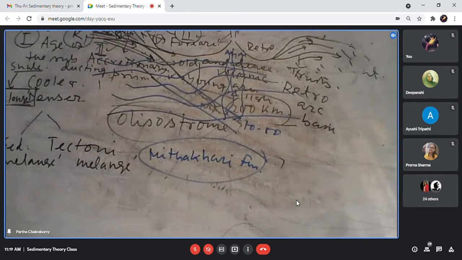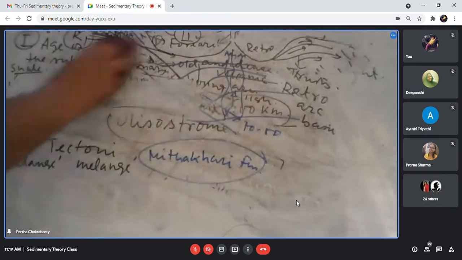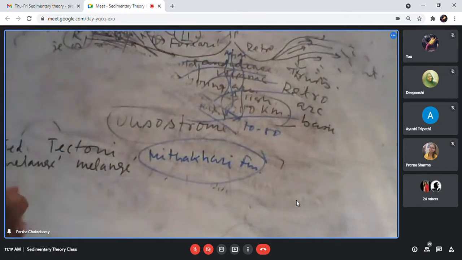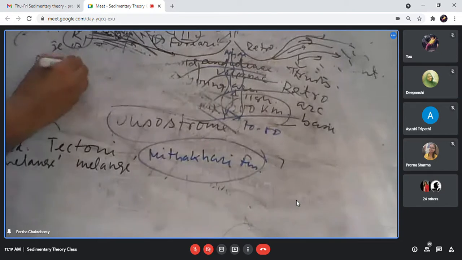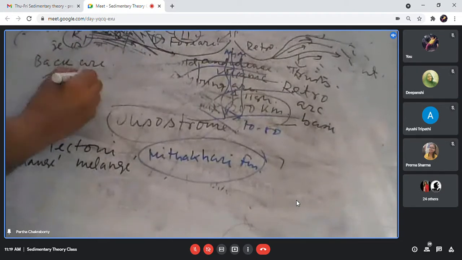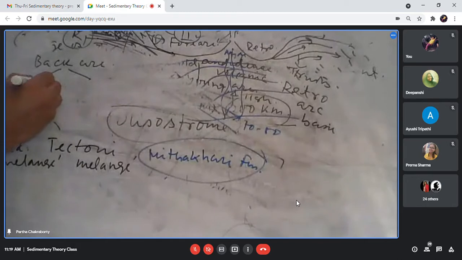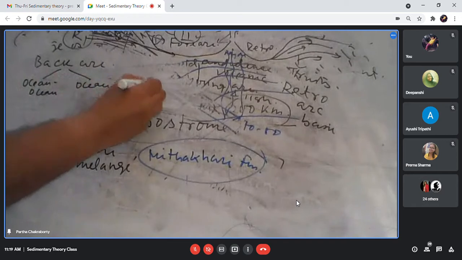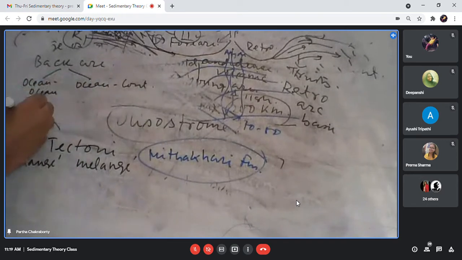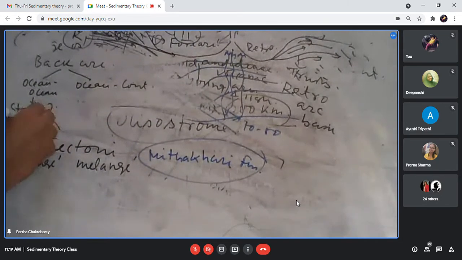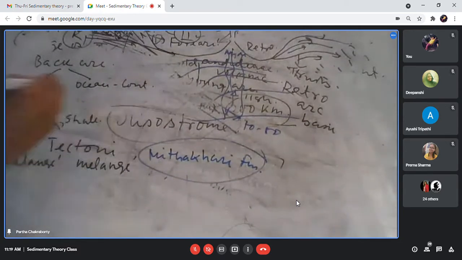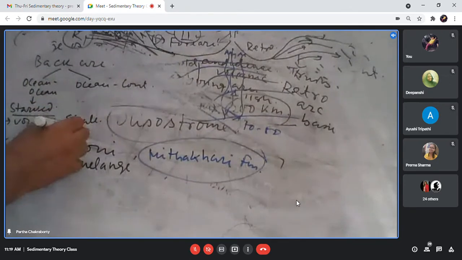So there is a complete difference. What I am saying, let me write it. If I have a back arc, there can be two systems. If it is ocean-continent, in this case it will be essentially starved. So you get supply from the volcanic arc, it will be shale or carbonate.